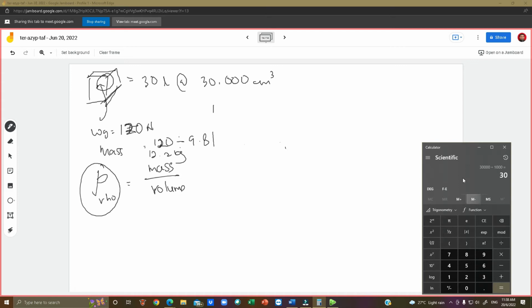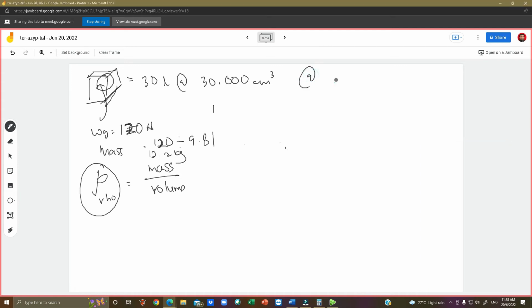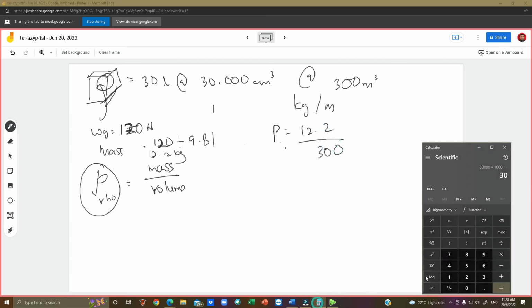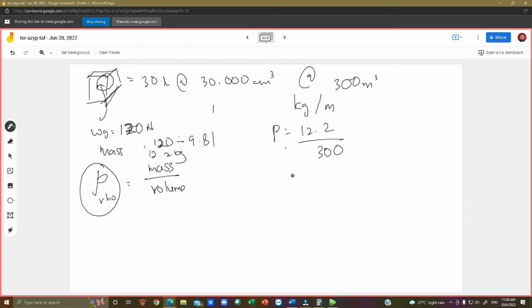Sorry, that will be 300, ataupun 300 meter cubed. So in terms of kg and meter, we have density equals 12.2 over 300, which is 0.041 kilogram per meter kubik.